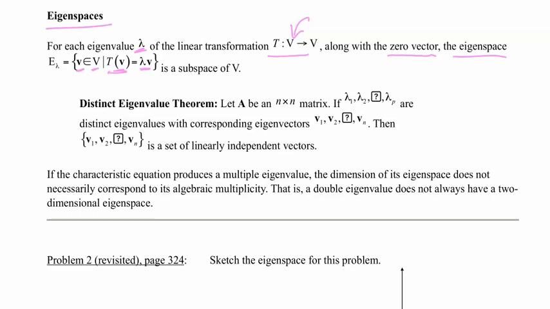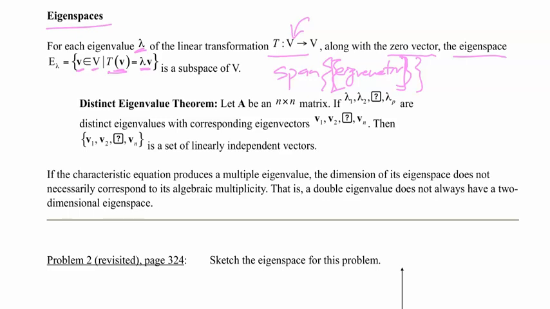In a short way, you're going to take the span of the eigenvector for that particular eigenvalue.